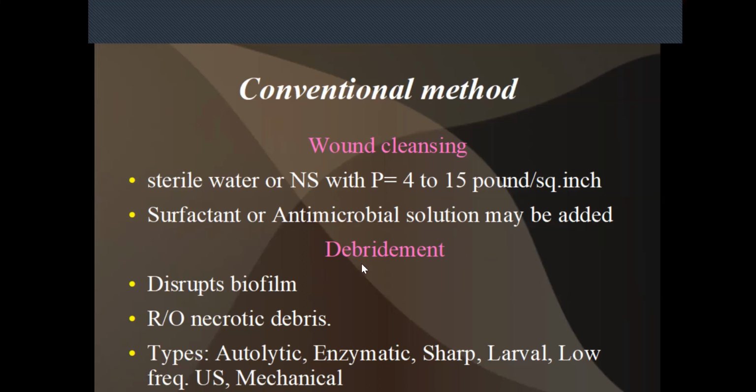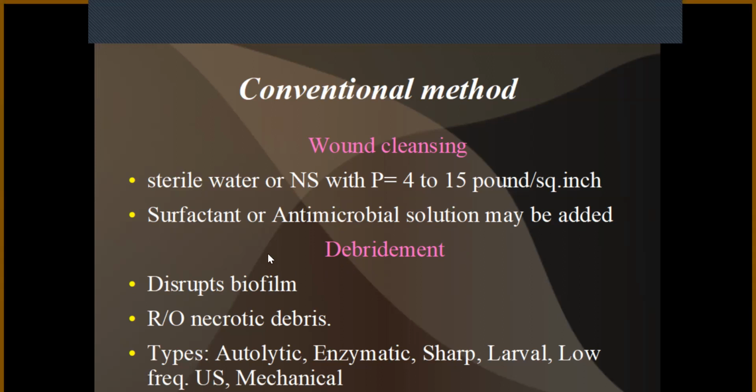What is the need of debridement? Debridement is for the disruption of the biofilm and removal of the necrotic debris. As we know that the necrotic debris are avascular structures. So any bacteria which is adherent or colonized over the necrotic debris will not be removed unless we use some mechanical method.